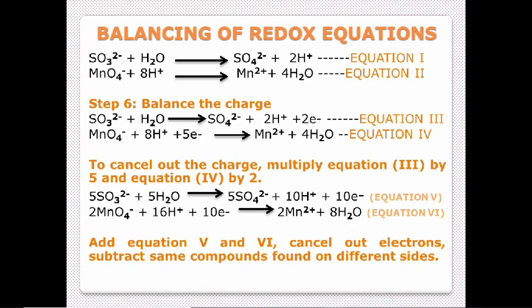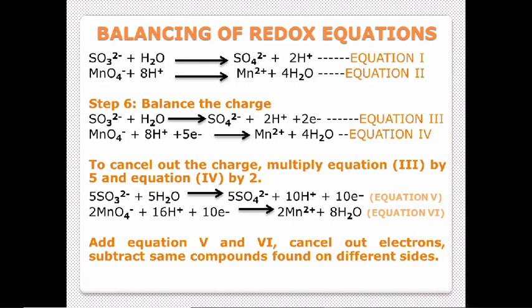That is, we need to remove 5H2O from the reactant side, and now we have 8H2O minus 5H2O. And that gives us 3H2O, which is going to be at the product side of our equation.